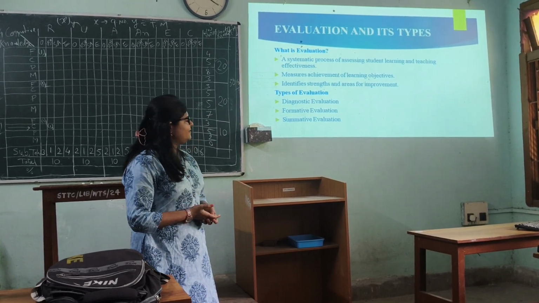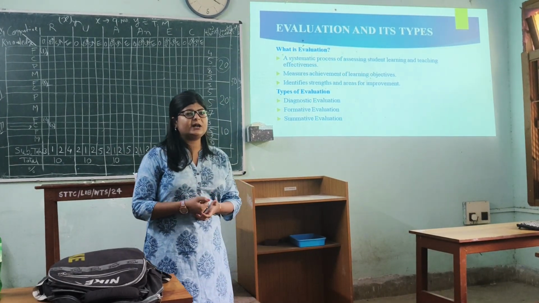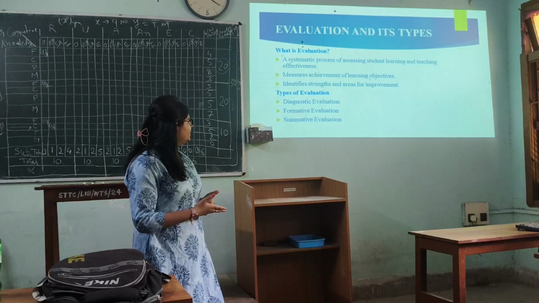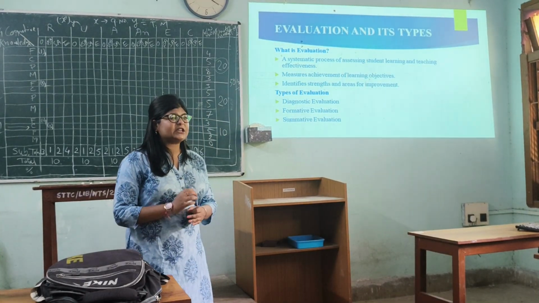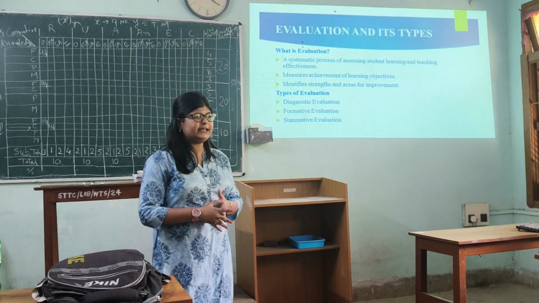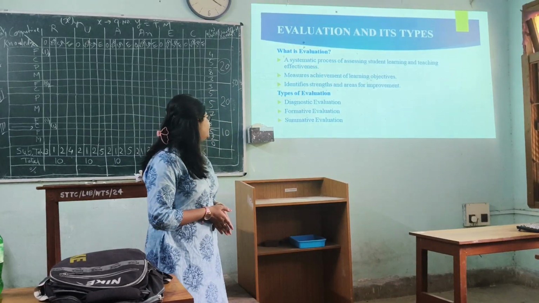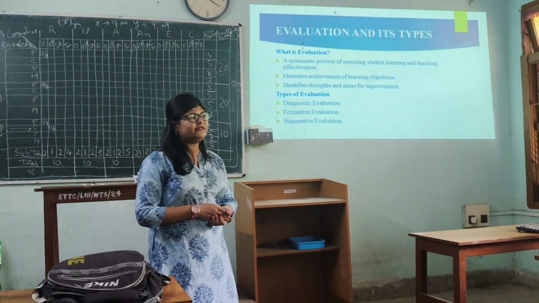So, what is evaluation? It is a systematic method of assessing how much learning has been done by the students, and it also helps measure whether the learning objectives are being fulfilled or not, and helps to identify the areas of strengths and weaknesses. Now, there are types of evaluation. First being the diagnostic evaluation.